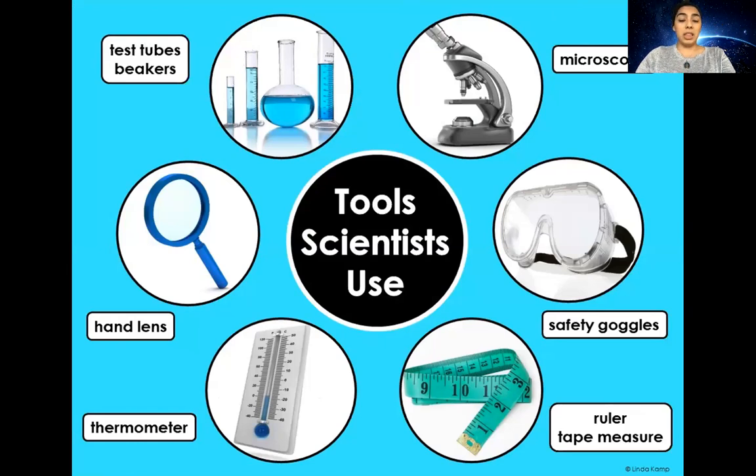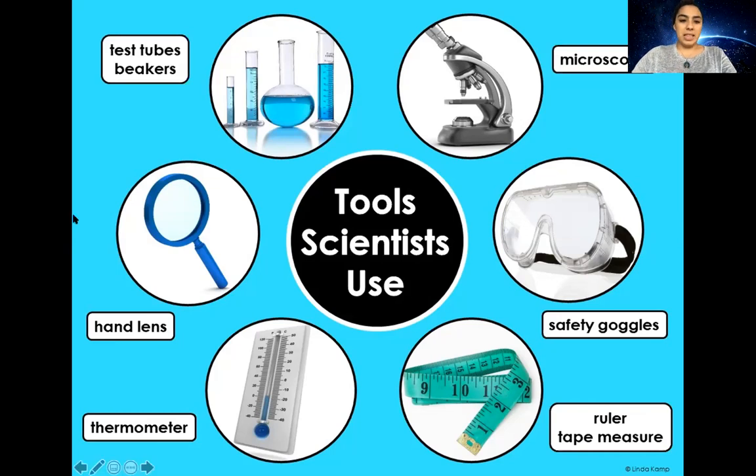They use these to collect samples. Let's say they're going out and they want to see if water is clean in the river. So they get a test tube, they scoop up the water, the sample, so that they can test it back in the lab. Or if they want to heat a liquid.